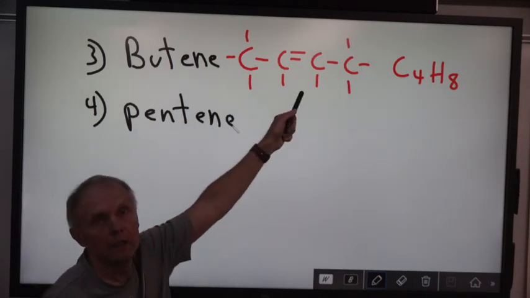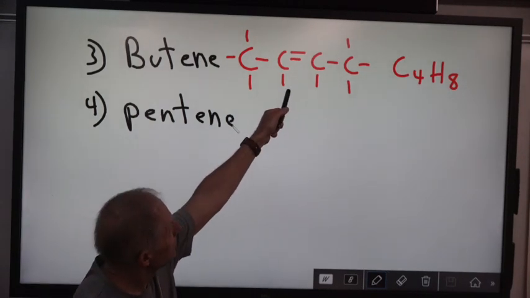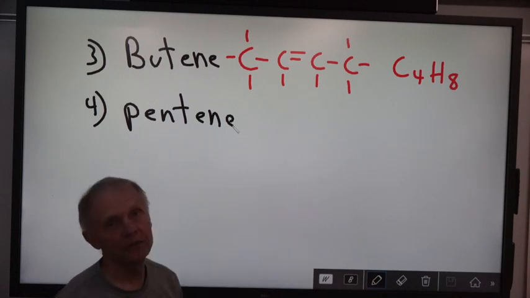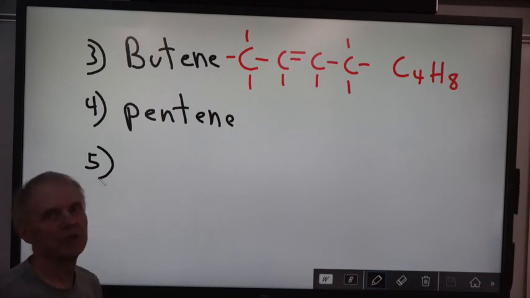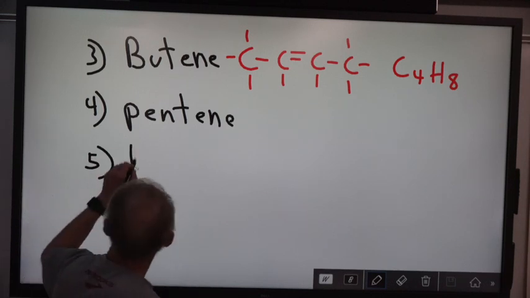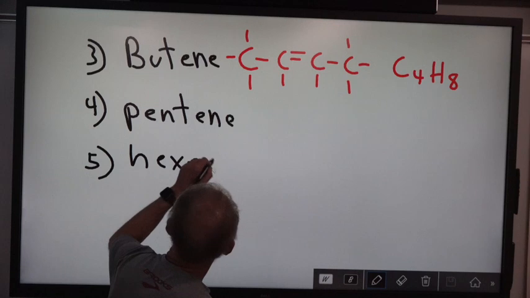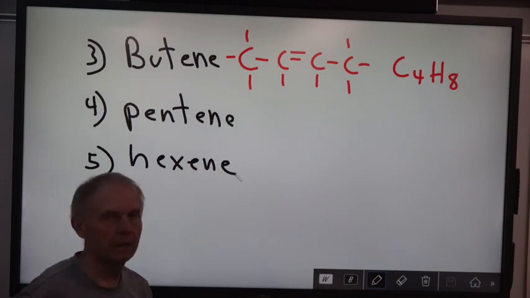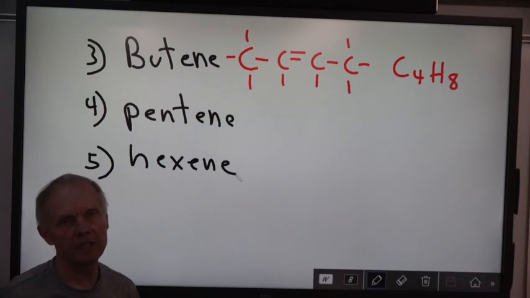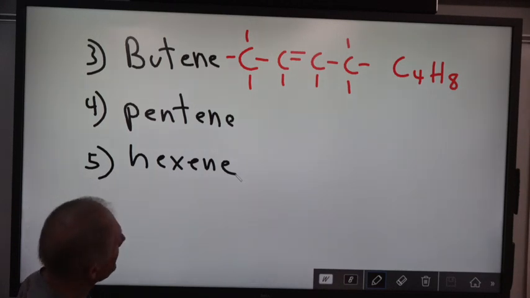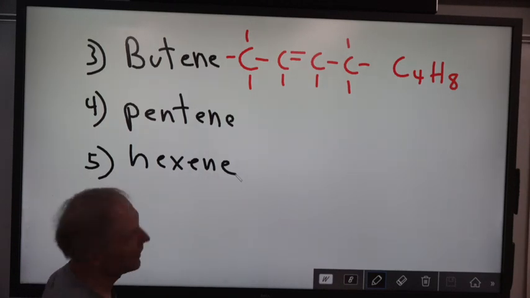I want the structural formula and I want the molecular formula. And then you are going to build hexene. So remember, you have 2 to build for alkane, 2 to build for alkene. All right, now that's what I want you to do for that.